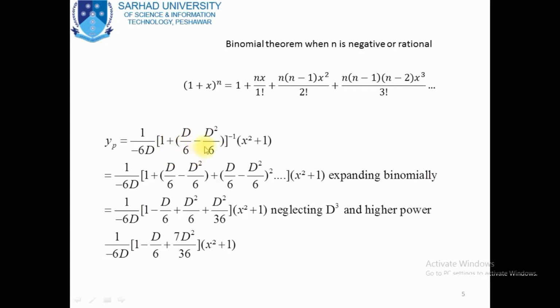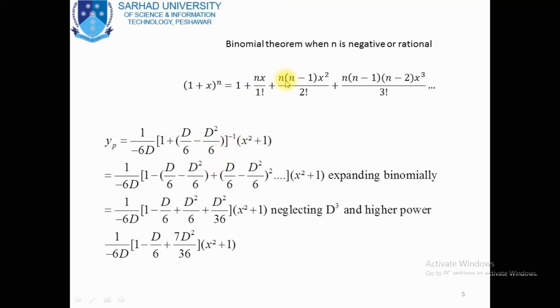For the binomial expansion, 1 stays as it is, and now n is minus 1 and x represents the second term. So nx gives minus 1 into x, where this whole term represents the x term.